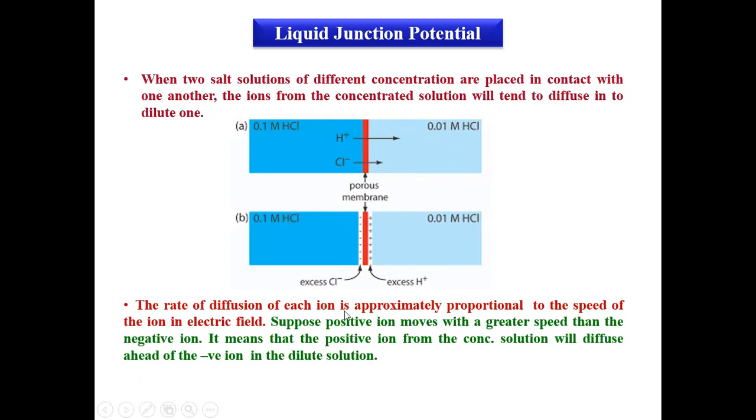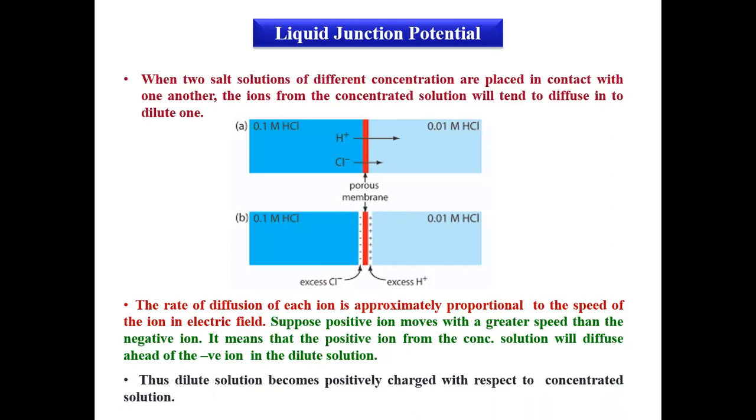So this rate of diffusion is proportional to the speed of ion in the electric field, which is basically the mobility, right? So here H ions move with the greater speed. This means negative charge will be left behind here. The excess chloride ions will be left behind here. So this side of the electrolyte will bear negative charge at the contact, and the right hand side, the dilute solution, is positively charged, right?